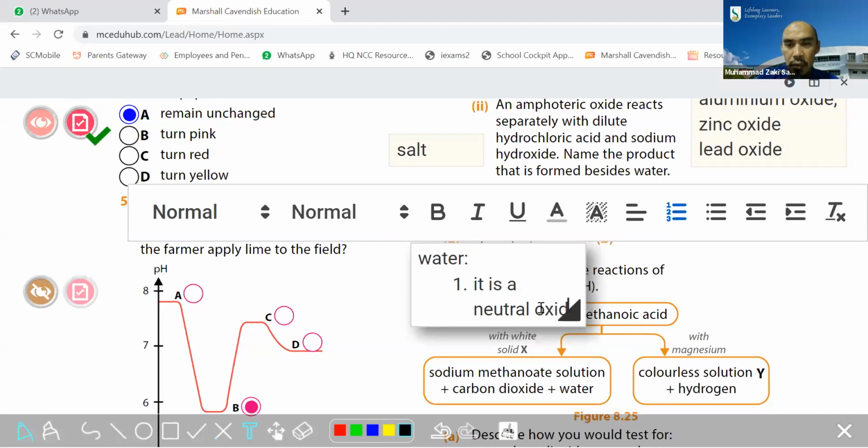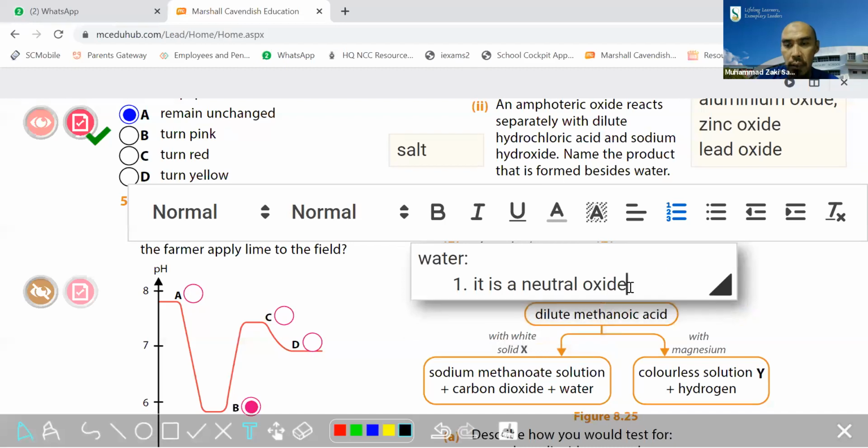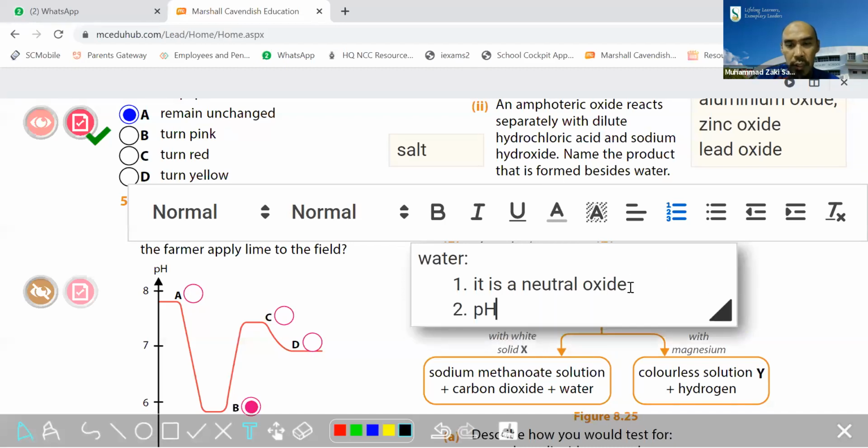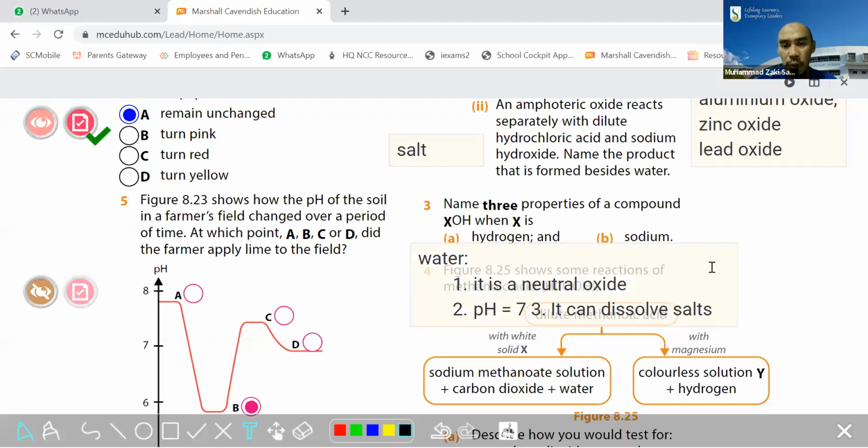Number two, pH is equal to 7. Number three, what property is that? It can dissolve salts. Okay, so this is the answer. Later I need to erase, so you want to copy down first.